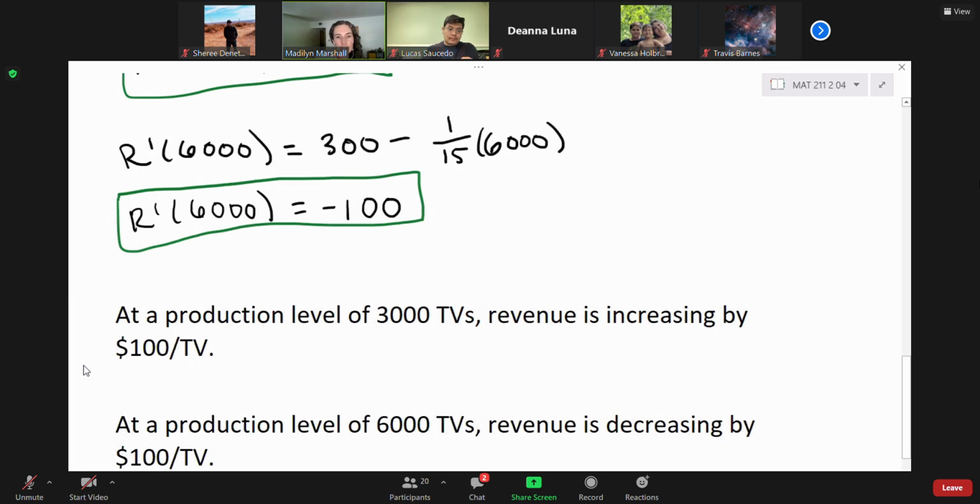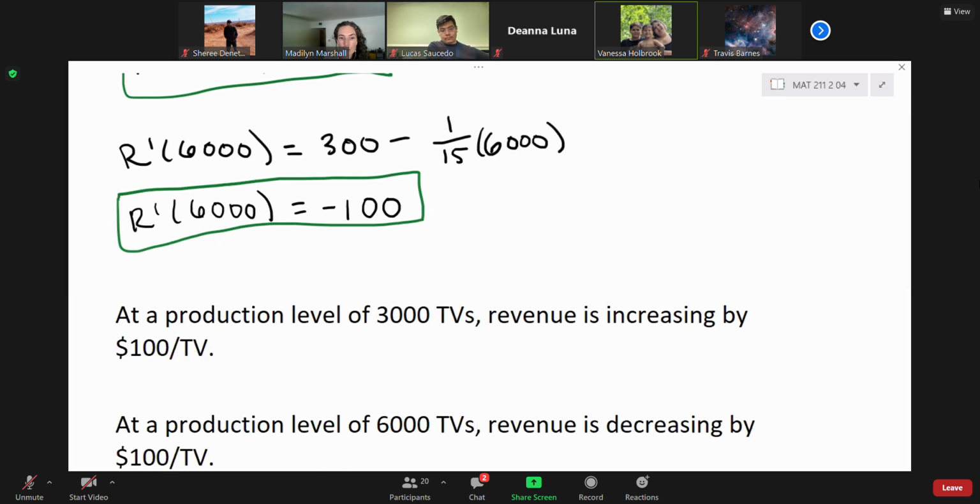So I want to just note here that that does not mean that we have negative revenue. That's not even possible, actually. It just means that our revenue is now declining the more TVs that we add.